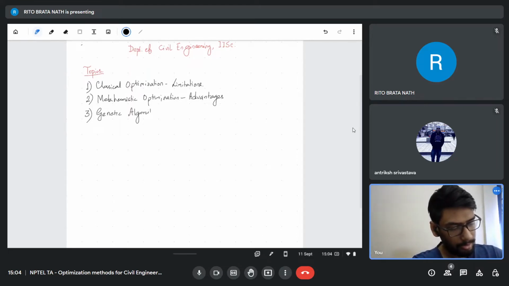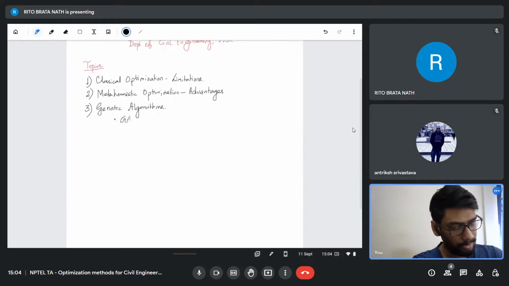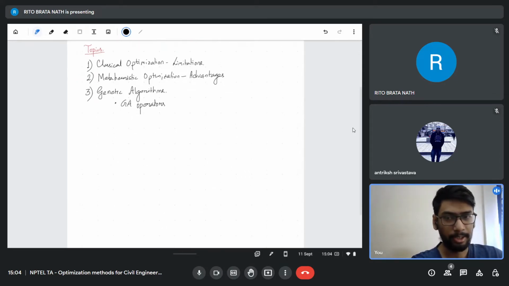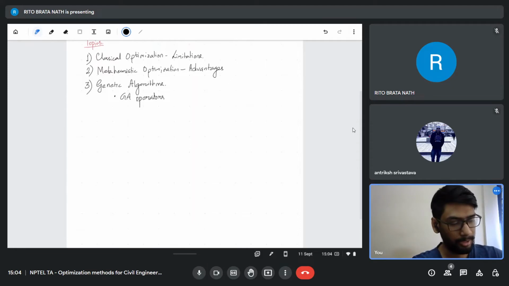Within this, there are three operators I think you have learned. So the genetic algorithm operators. This is where it gets interesting, and if you take some numerical examples with this, you can solve such problems. The first one is the selection operator. The next one is the crossover operator. And finally, the third one is the mutation operator.